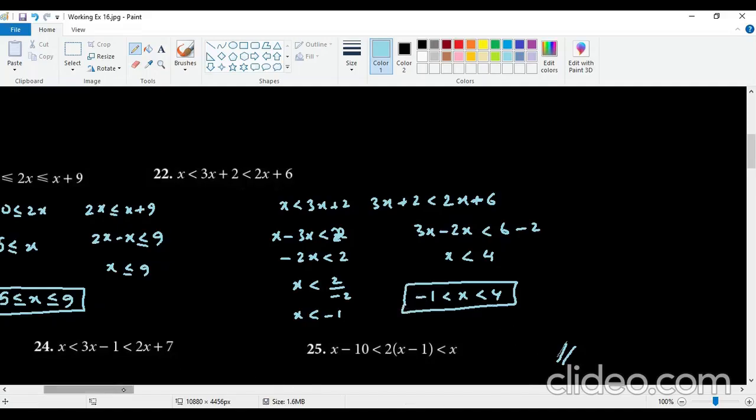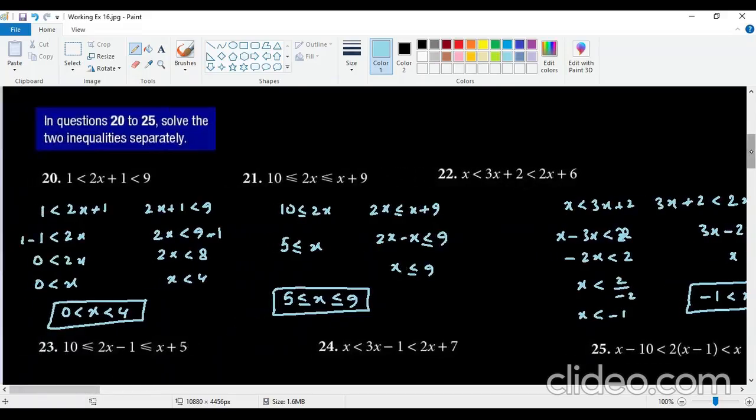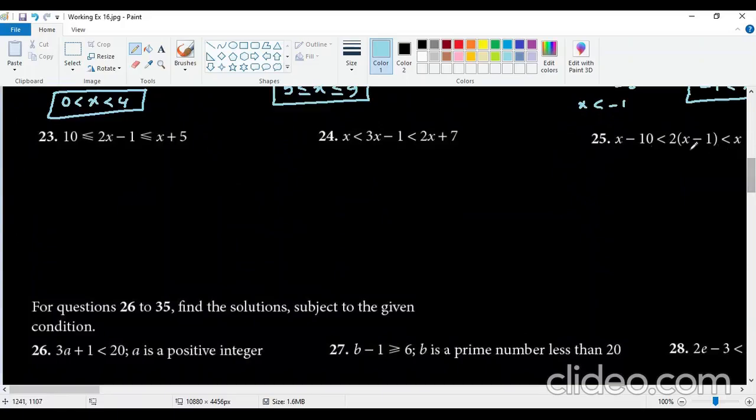Then comes the next question, 23, is over here. It says 10 less than or equal to 2x minus 1, and second part is saying 2x minus 1 less than or equal to x plus 5. In here it says 10 plus 1 less than or equal to 2x. Here it gives you 11 less than or equal to 2x.